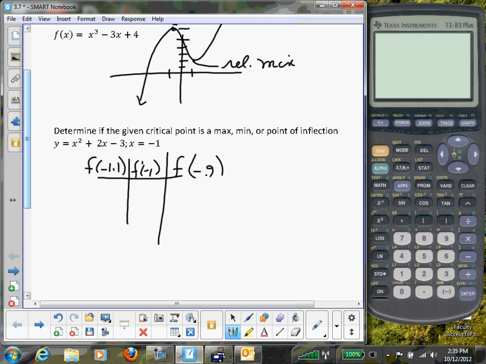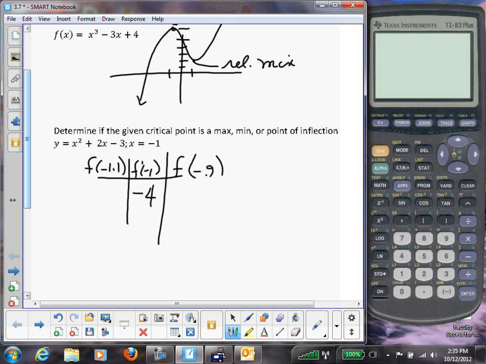Yeah. Okay. All right. So at -1, I'm going to get 1 minus 2 minus 3, so I'm going to get -4. Correct? Is that what y'all got? What did you get at -0.9? -0.9 squared plus 2 times -0.9.